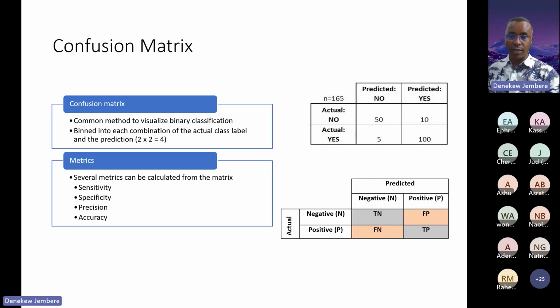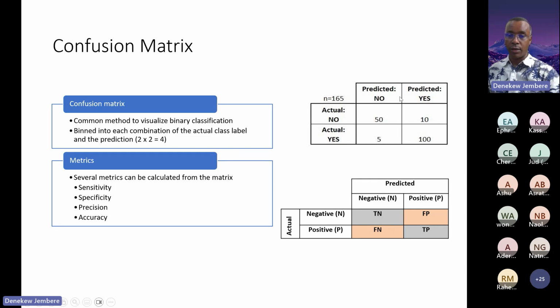One of which is a confusion matrix, where you can have the number of correctly classified values for the class, and the number of data points that are not classified or predicted to the proper value.